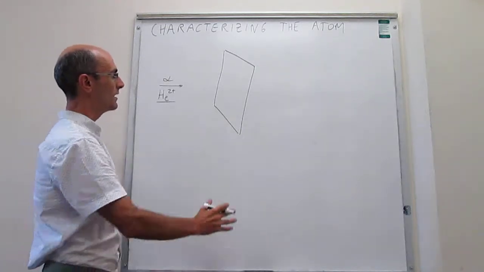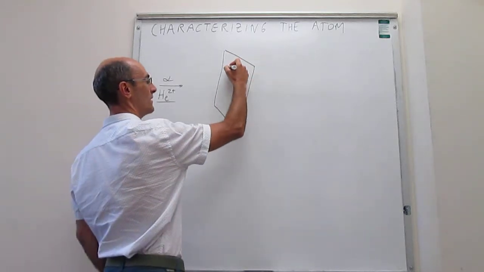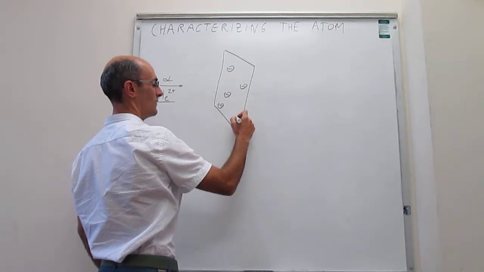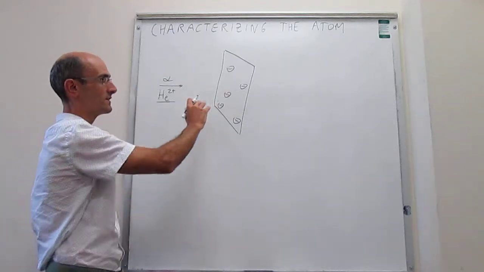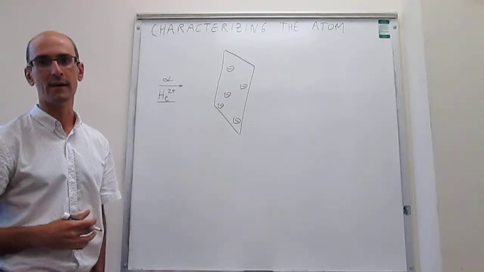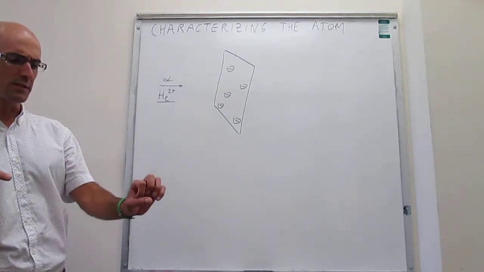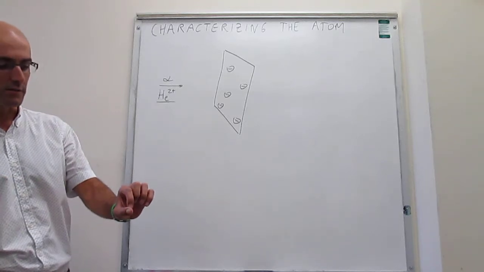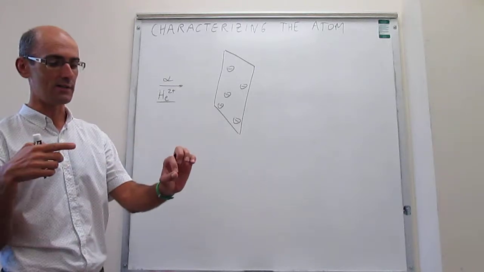So if we assume this would be the size of one atom, with electrons somehow distributed like this, and some positive charge diffused and randomly distributed in this atom inside that thin metal foil, what you should expect is that, if these nuclei are 7,000 times heavier than electrons, they should make it right through with a straight trajectory.